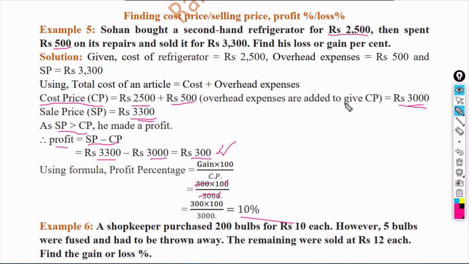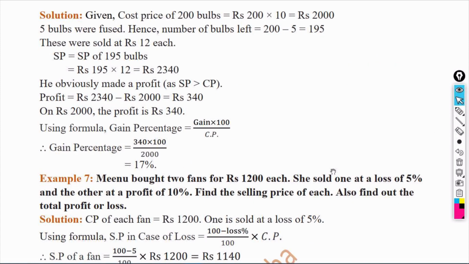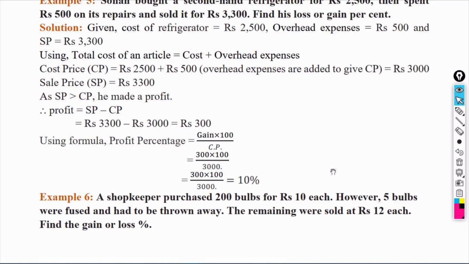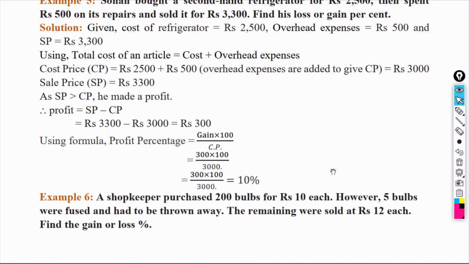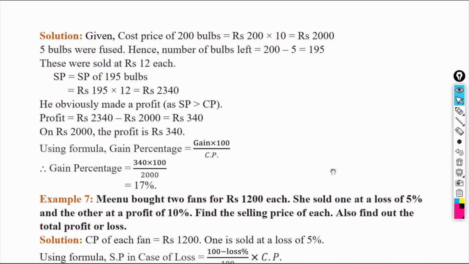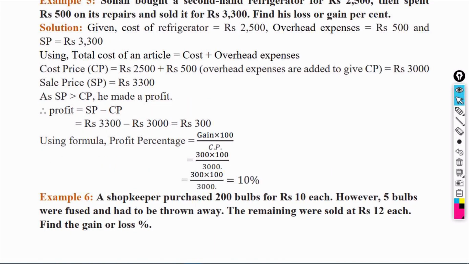Now let us solve example number 6. A shopkeeper purchased 200 bulbs for rupees 10 each.